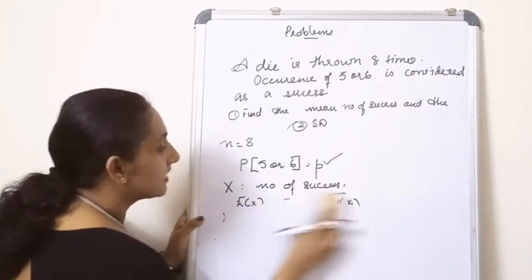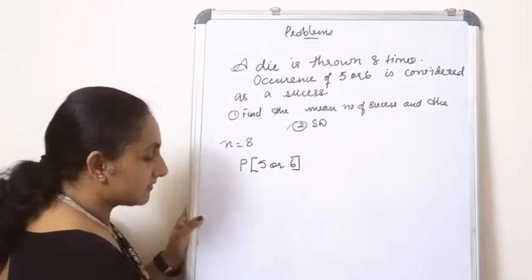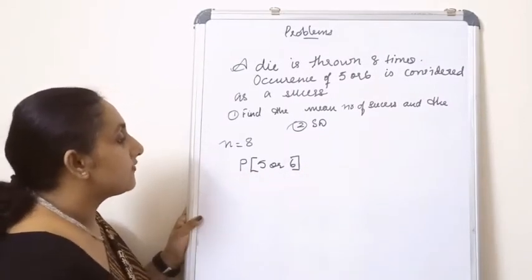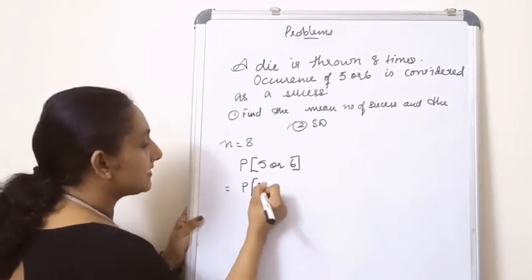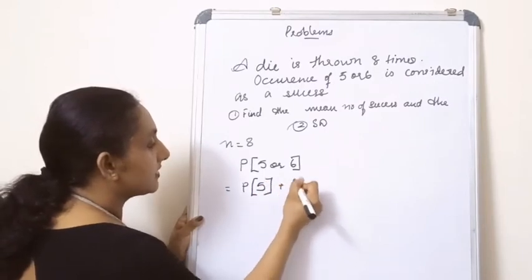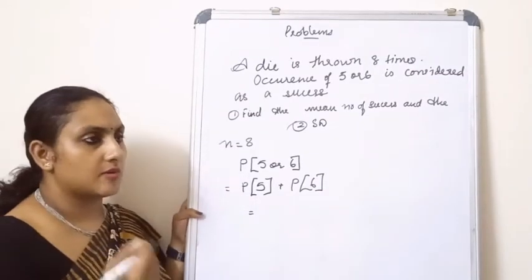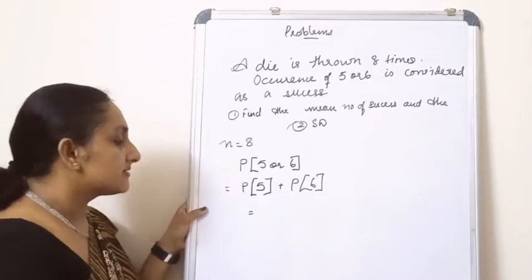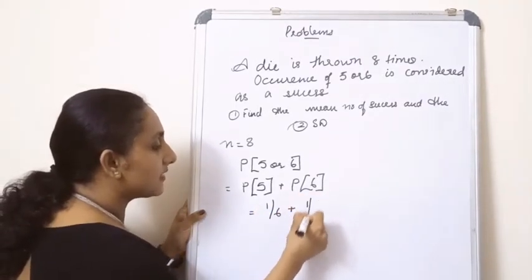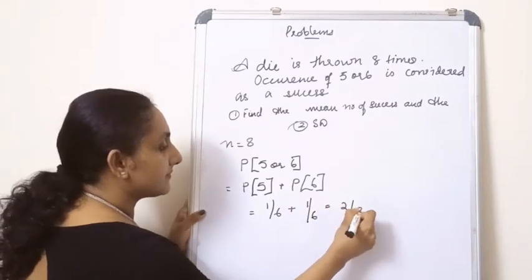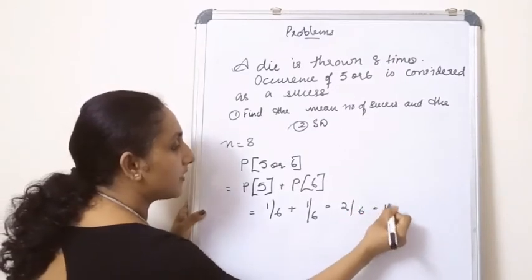Going back to find the probability of 5 or 6: that is the probability of getting 5 plus the probability of getting 6. When you throw a die, the probability of getting 5 is 1 by 6, and this is also 1 by 6, so 2 by 6, which is equal to 1 by 3.